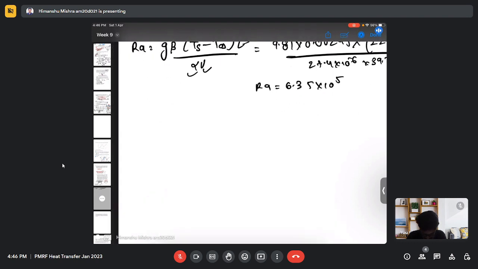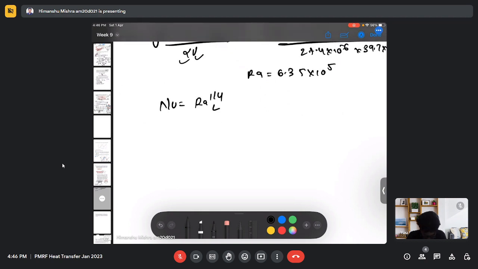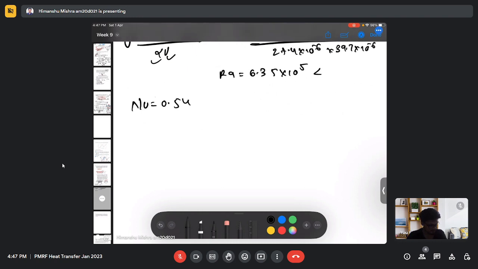For this problem, I will be using my Nusselt number correlation as 0.54 multiplied by Rayleigh to the power 1/4. So it means you are using it for laminar? Yes, that is valid up to 10 to the power 9, which is laminar. Yes.